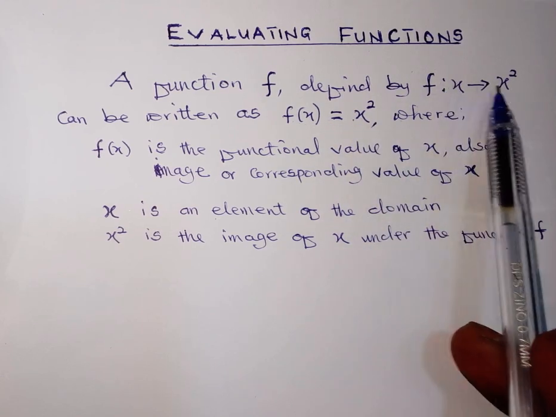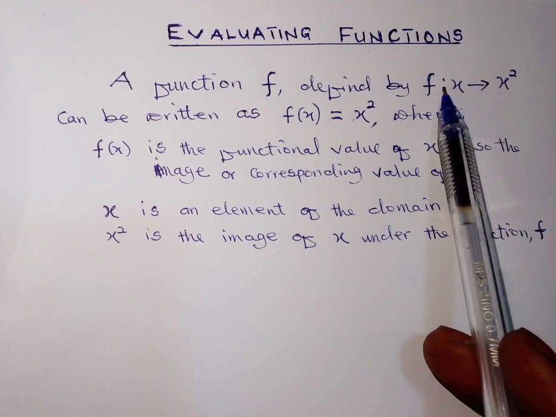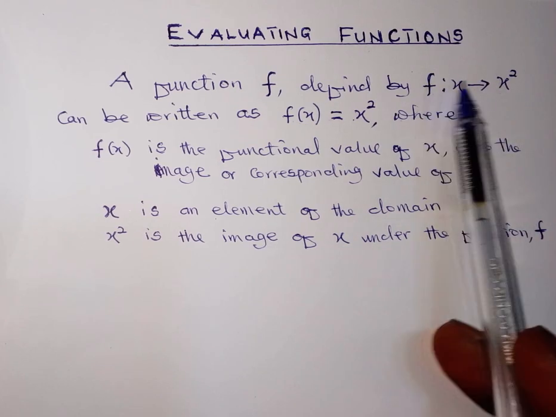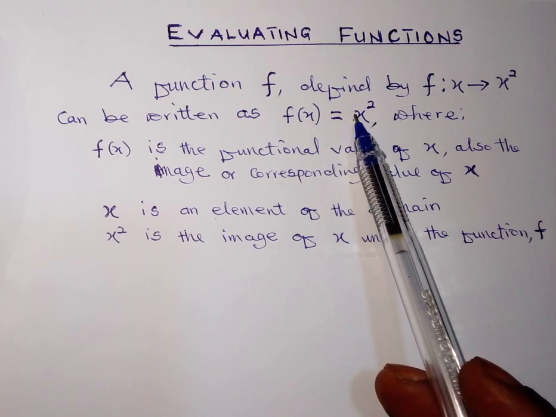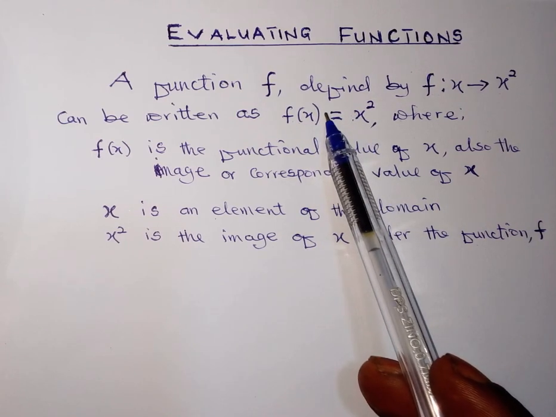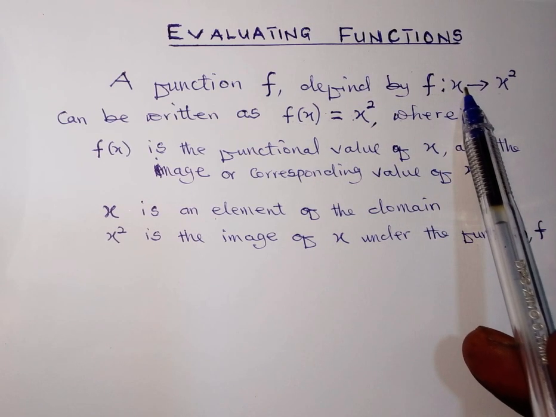Because this one is not in an equation form, we have been given this as a mapping form. Looking at this arrow, this is a mapping form. In that case, this is a relation, and this is also a relation, but this one is in an equation form, while this one is in a mapping form.